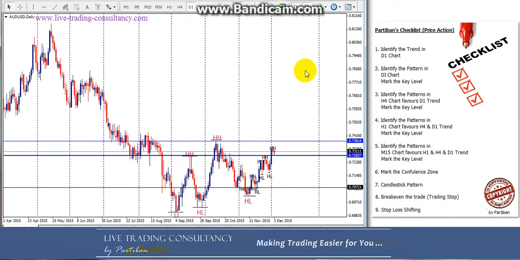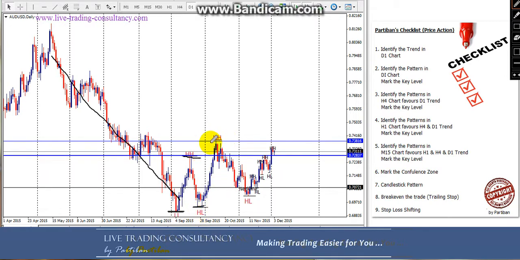See, from left to right, when I look at it, the market is in a downtrend. Over here it looks like a range market. The lowest point is over here and the highest point is here, a higher high. And check out, this lower point is higher than this low. That's why I'm calling this a higher low.